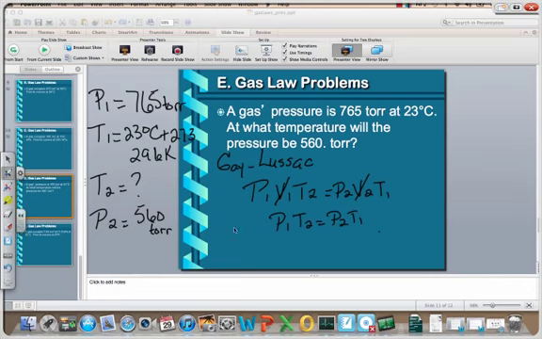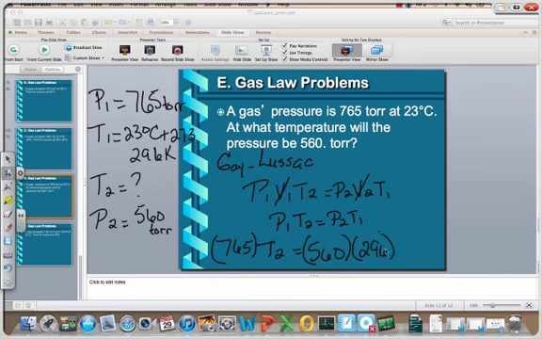Now we just have to plug and chug. So P1 is 765 torr. T2 is unknown. Make sure that you're plugging in the right temperature here. And the second pressure is 560 torr. And T1 is 296. So again, you're just plugging and chugging.